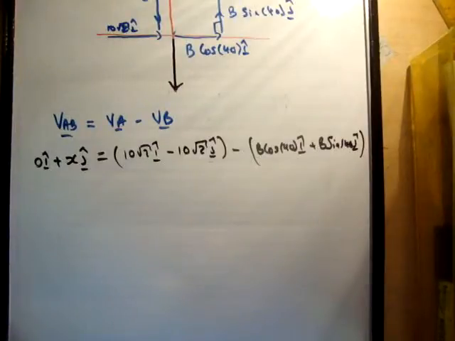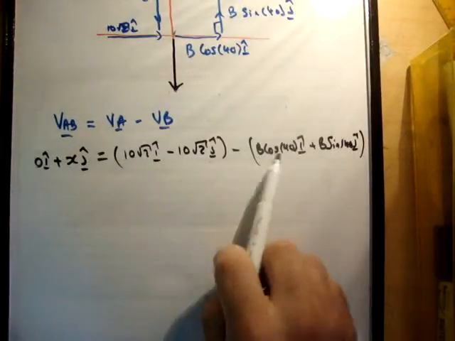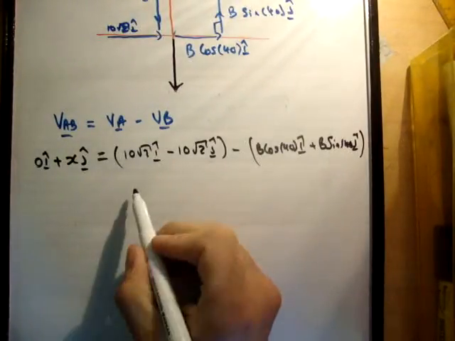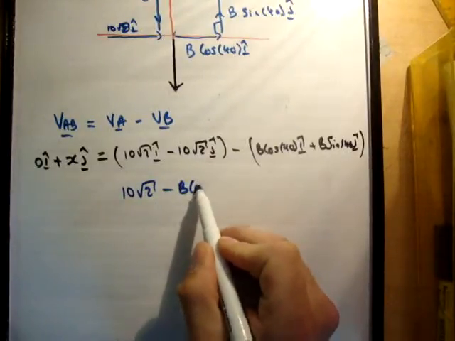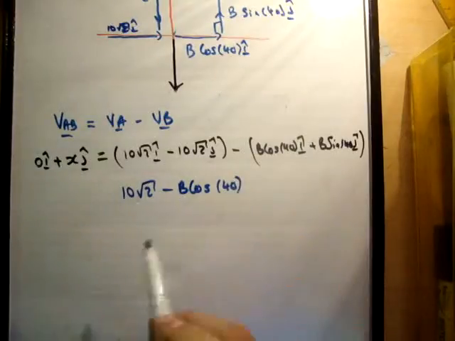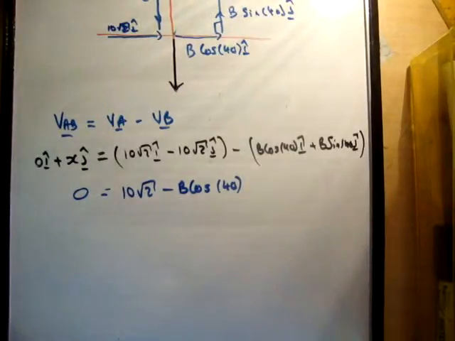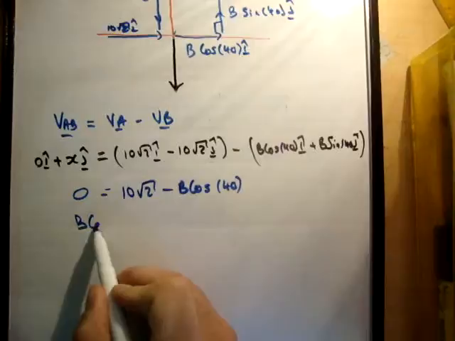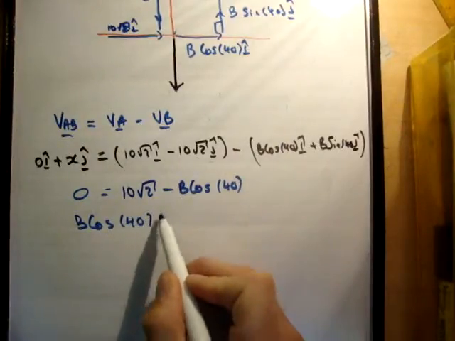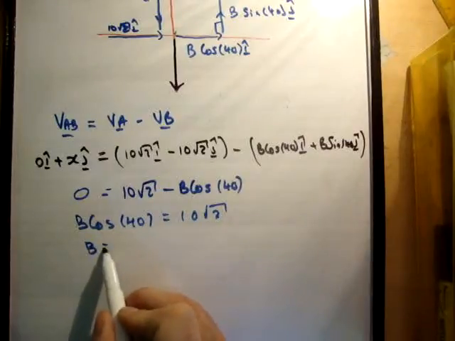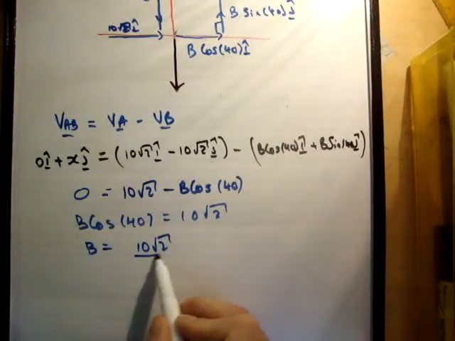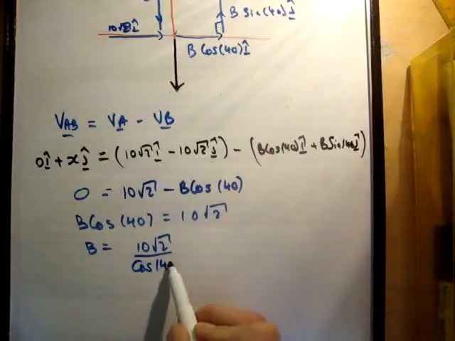We know that the x component is going to be equal to 0. So if we add 10 root 2 and take away from that B cos 40, this is going to be equal to 0. Therefore B cos 40 is equal to 10 root 2, and B is equal to 10 root 2 over cos 40.